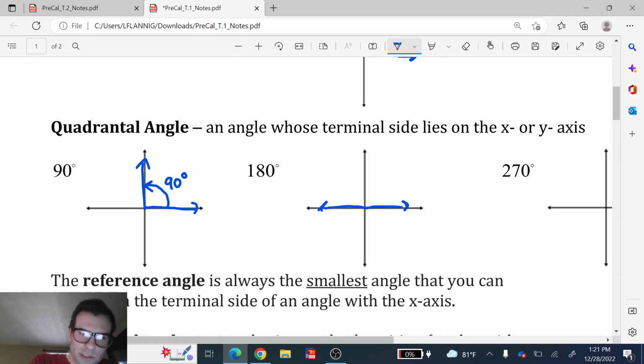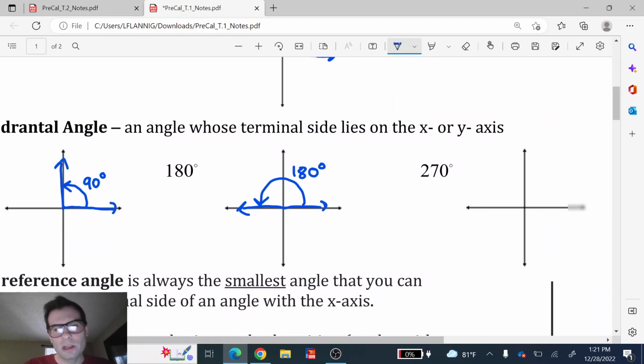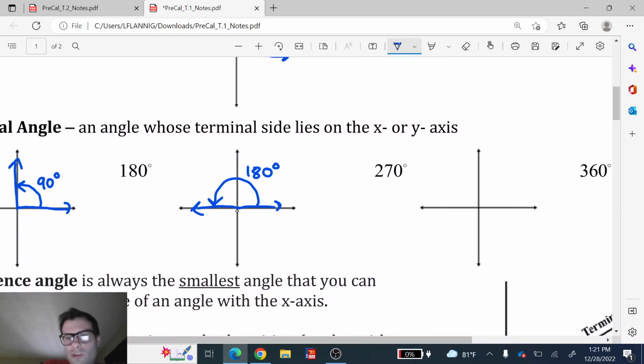We have a 180-degree angle, but we've already learned about those. We also have a 270-degree angle, which is 90 more than 180. So again, you're going to start from that standard position and then work your way 3 quadrants to the left. Right here is what we call a 270-degree angle.